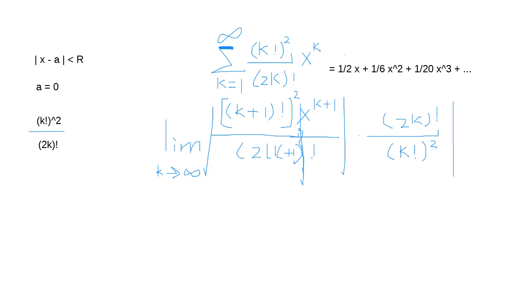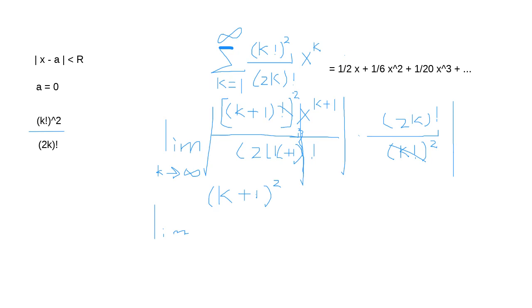So in the numerator we're left with k plus 1 squared. And then the k factorial squared will cancel each other. Right? So the factorials will cancel each other.